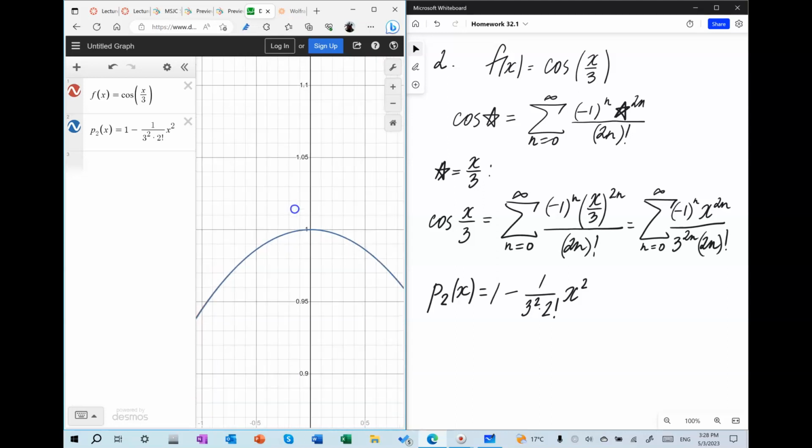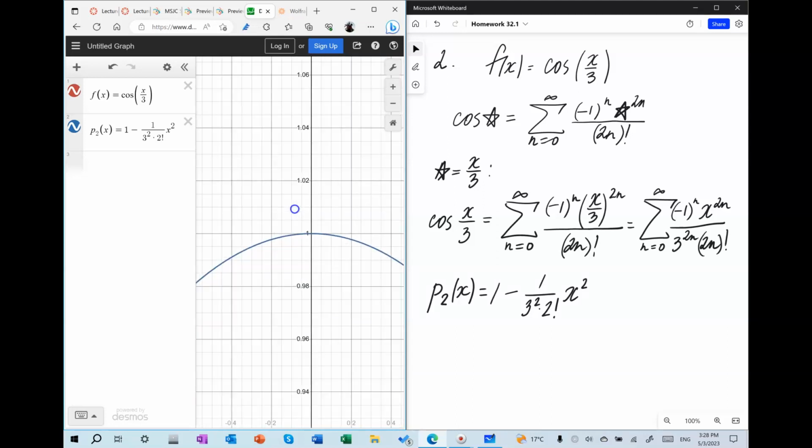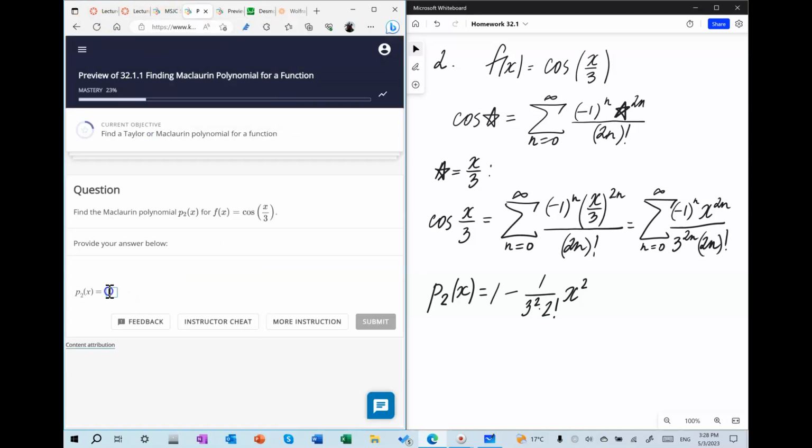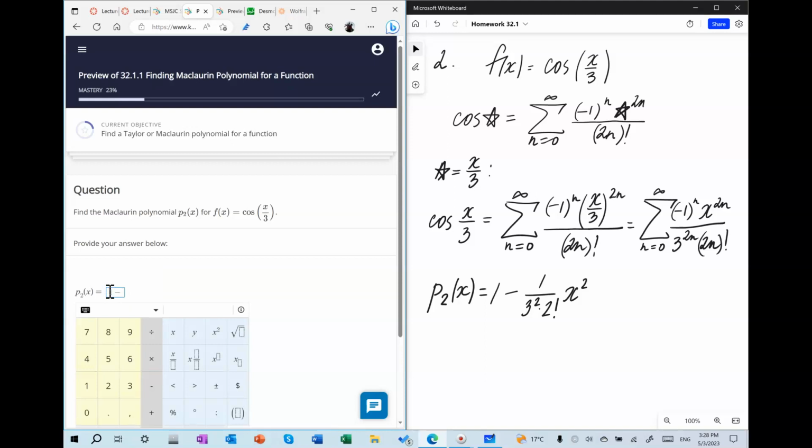The approximation worked so well that I didn't even realize the red function was behind the blue one. This is exactly the purpose of Taylor and Maclaurin polynomials. So the answer is 1 minus 1 over 18 x to the power 2.